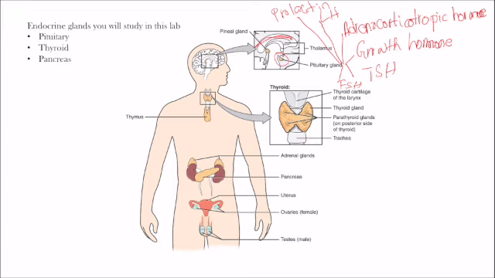So the posterior pituitary produces two hormones, which are antidiuretic hormone and oxytocin. So these are all anterior pituitary. This is the posterior pituitary gland.